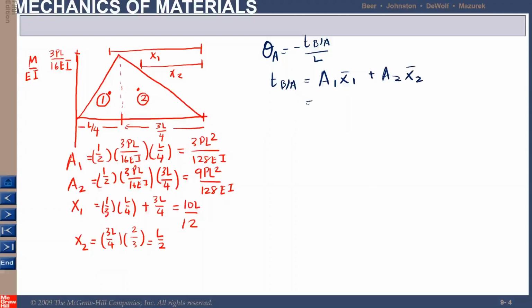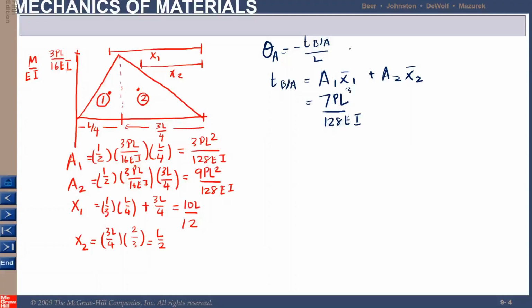You can just take out this value here, and you find the value as 7PL cubed over 128 EI.